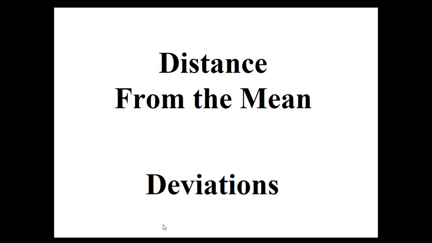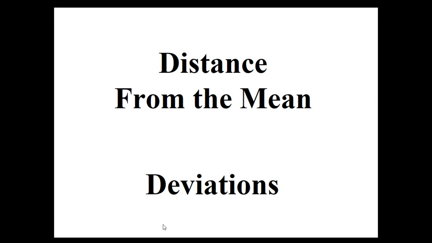Now, finally, in the last lecture, we explained two closely related concepts: the distance from the mean and the deviation. The distance from the mean tells you how far someone's score is from the mean. Distances are always positive or zero. They're never negative. The deviation is very similar to the distance from the mean.